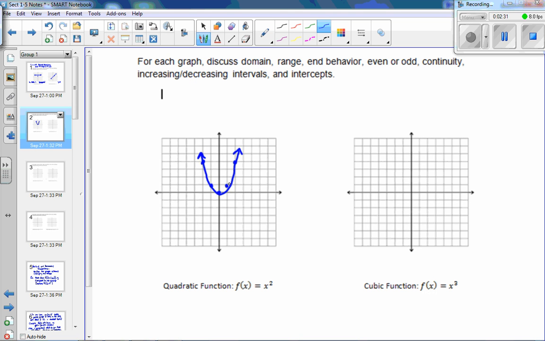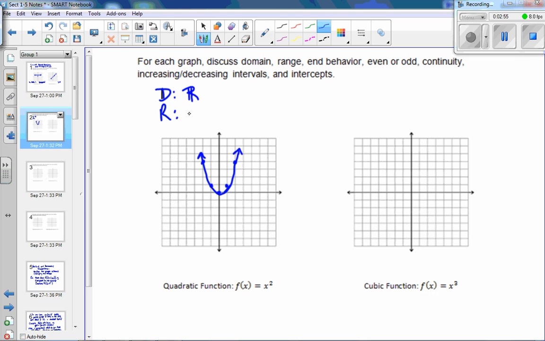On this problem, I'm actually going to go through what I want you to show for domain, range, all that information. So on this problem, the domain is all real numbers. And remember, you can look at the arrows left to right. Domain is about x. The range, if you look at your graph, start at the bottom and move up, you can see that all of our y values are greater than or equal to 0.